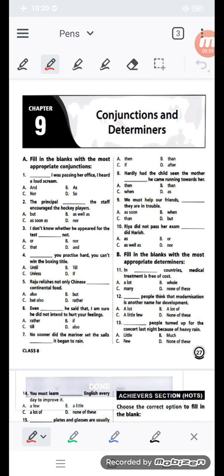You will get all these varieties in the grammar books, like and, but, as well as, with, together with, along with, for, therefore, so, either or, neither nor, not only but also. In this way, subordinating conjunctions you will get like if, unless, until, even though, although, when, where, who, how, as well as.